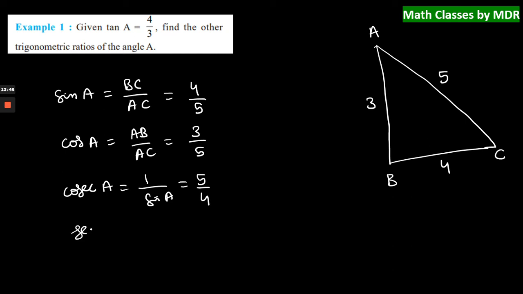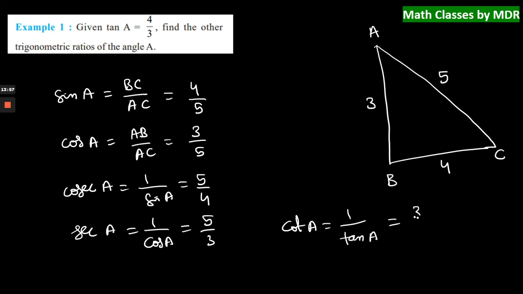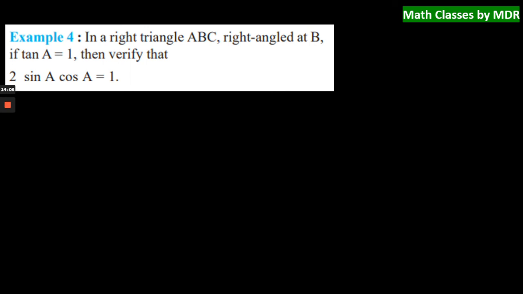And secant A is 1 by cos A, and that is equal to 5 by 3. And what about cot A? Cot A is direct from tan A, that is 1 by tan A, which is equal to 3 by 4. Does it make sense? I hope you have understood. Okay, let's go to the next problem.